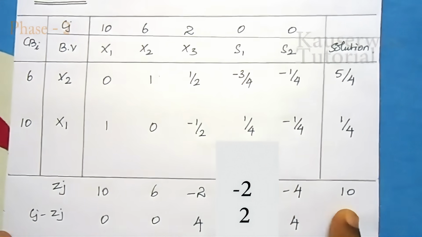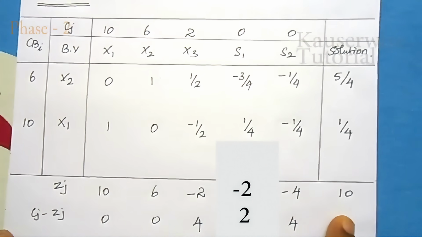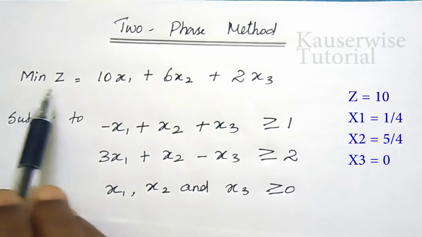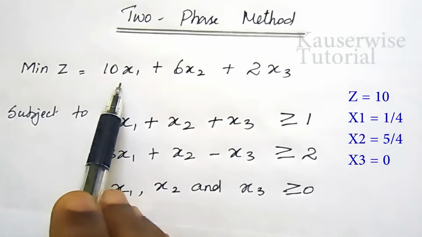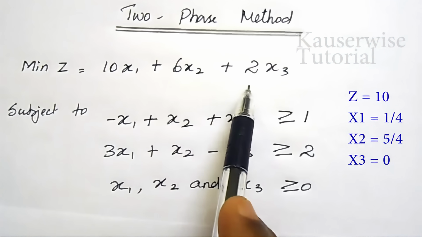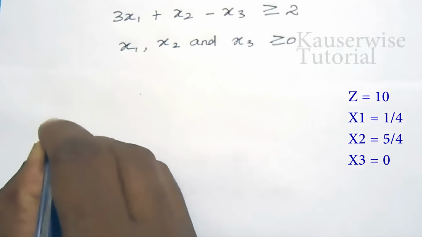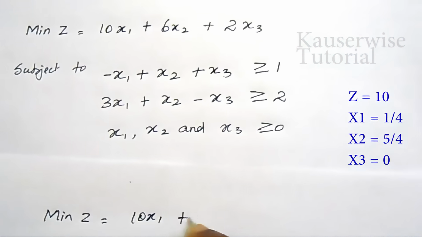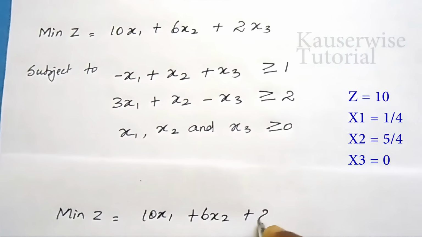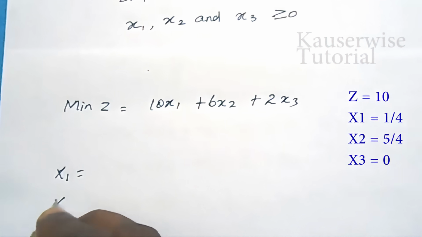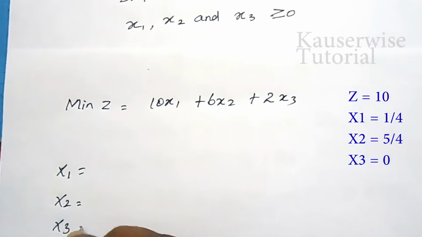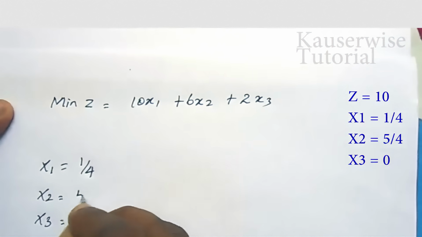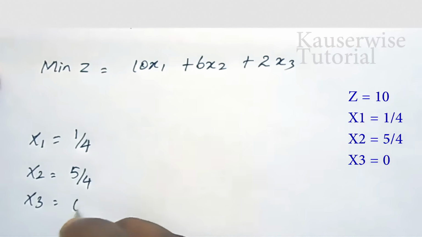Now we can check the answer by applying these values in the objective function. Look at the problem. The objective function is minimization z is equal to 10x1 plus 6x2 plus 2x3. x1 value is 1 by 4, x2 value is 5 by 4, for x3, 0.